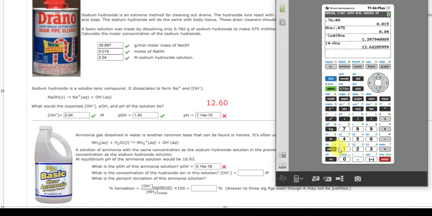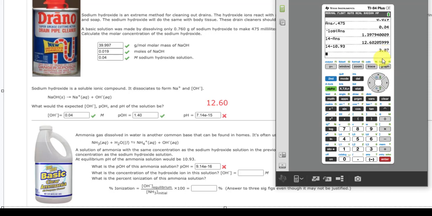I'm going to take 14 and subtract that 10.93. That is a basic solution, not as basic as our Drano, which was close to 13. This is 10 times less concentrated in terms of hydroxide ions. There we go. We have a pOH of 3.07.